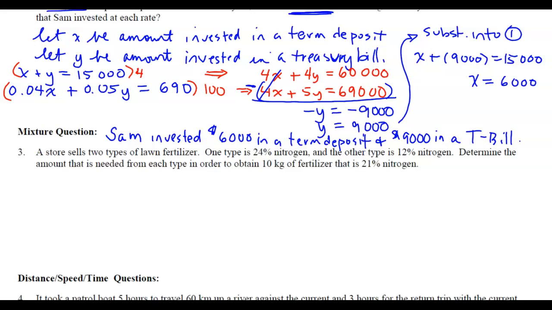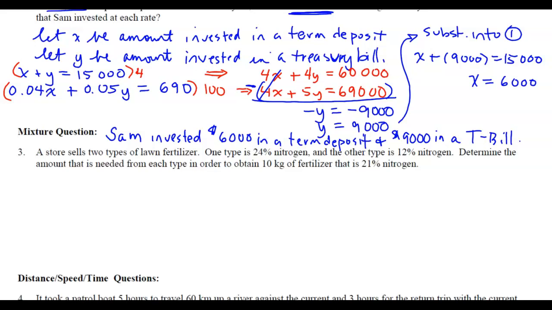So that's an interest rate question. It's a little bit similar to a mixture question in that it has percents. Sometimes with the mixture questions, we have to do one more step to set up our two equations. This one says a store sells two types of lawn fertilizer. One type is 24% nitrogen and the other type is 12% nitrogen.